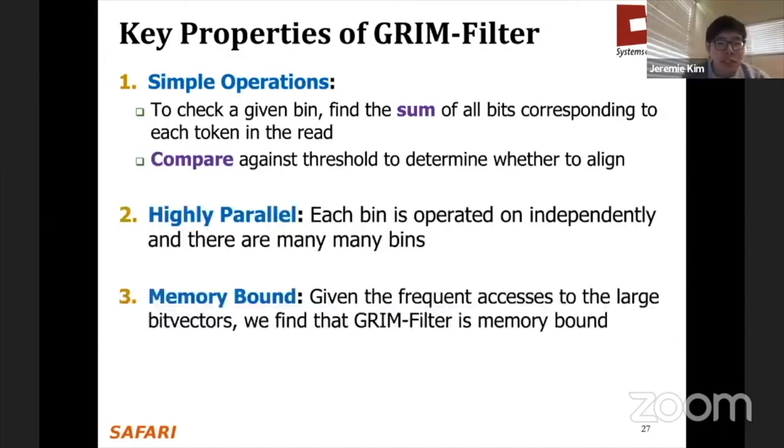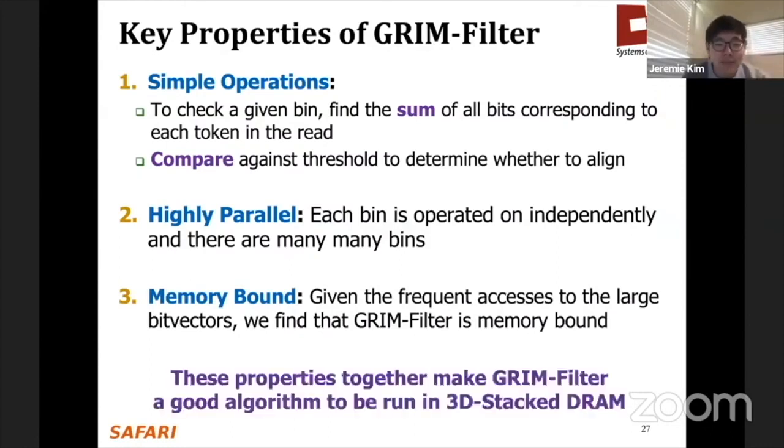It's also memory bound because we have to access the large bit vectors very frequently to calculate the potential existence. We find these 3 properties together make GrimFilter a good algorithm to run in 3D stacked DRAM, which has high throughput and lets you operate on things in parallel inside the logic layer.